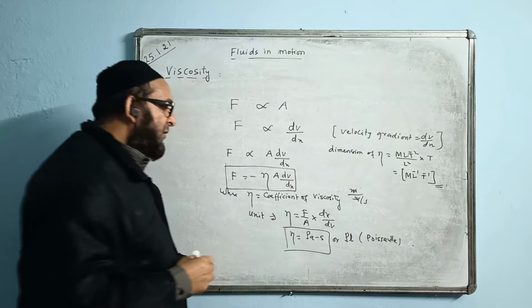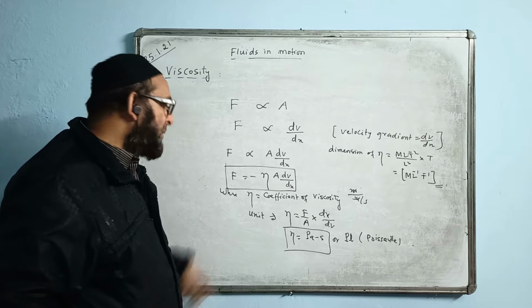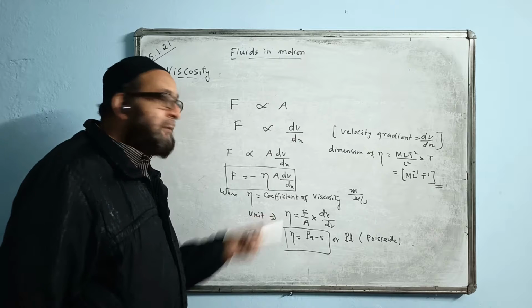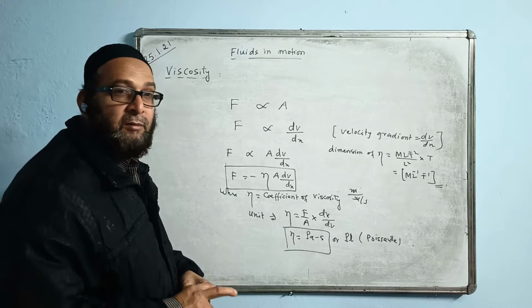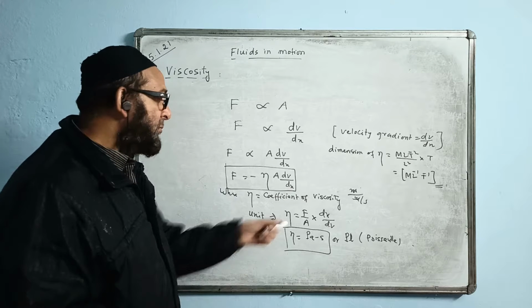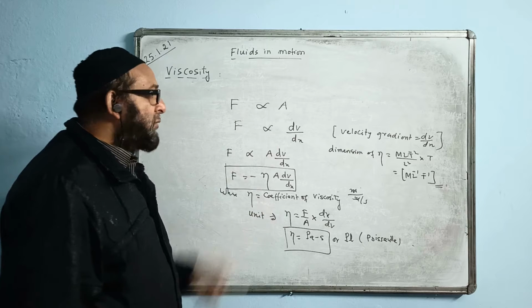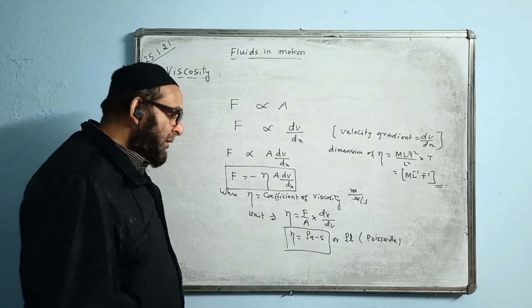This is the dimension of the coefficient of viscosity, denoted by the symbol eta. In class 10 you used this same symbol as the efficiency of a machine, but in the chapter fluids in motion, eta is known as the coefficient of viscosity. Every liquid has a different value of viscosity.